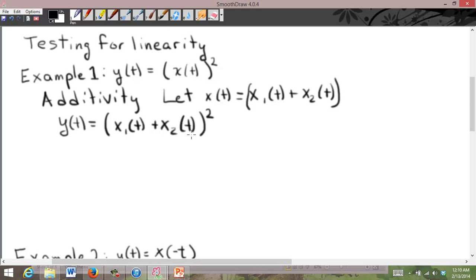Now, I'm squaring a sum, so I have to distribute that inside it. So I end up with x1 of t squared plus, that's squaring the first term. Squaring the second term, you would have x2 of t squared, but you also have the cross terms, x1 times x2 multiplied by 2.